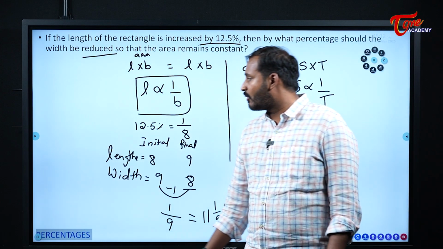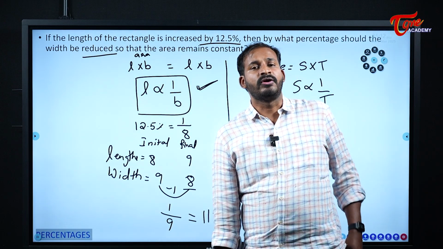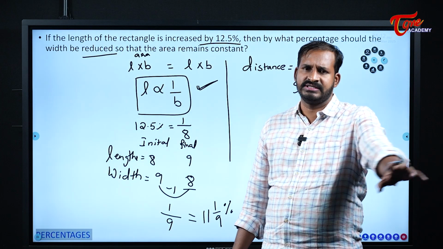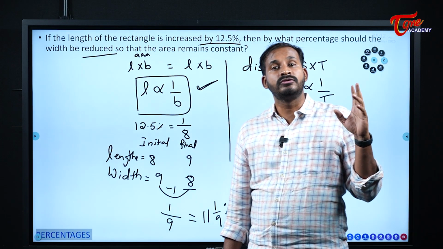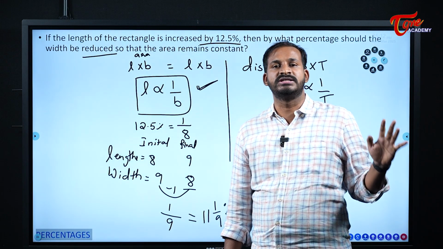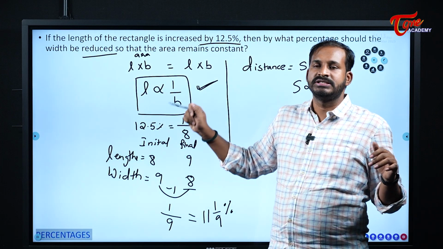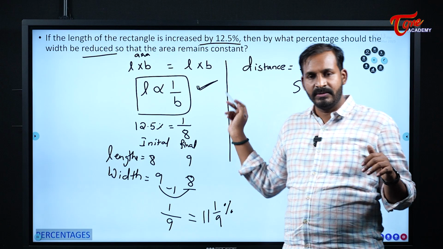Here the most important thing which you need to know is this relation. If the product of two numbers is constant, not only in this case, in any case, if the product of two values is constant, definitely those two values will always be inversely related. With the help of that concept, we are going to solve this question. What I came to know is length is 12.5% increased.